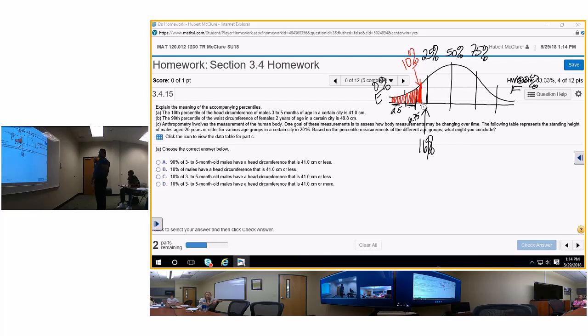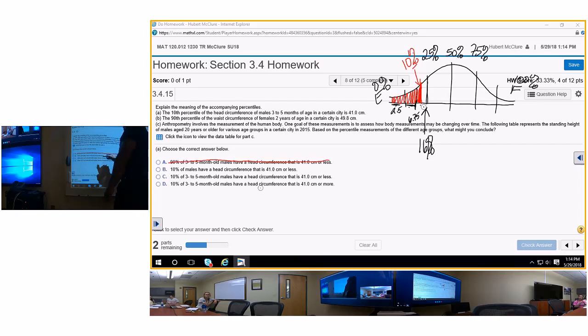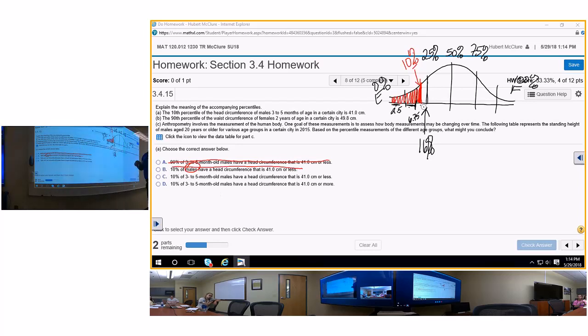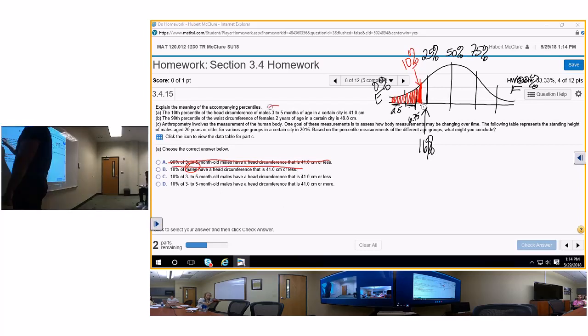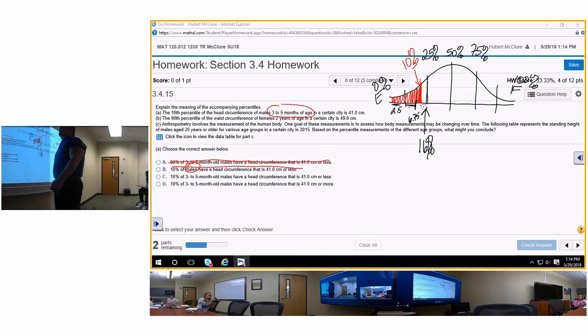No, it says 3 to 5 months, doesn't it? Okay, so this one is just wrong mathematically. This one is wrong because it generalizes what? All male. So it's got to be one of these last two, because we are referring to what? Males 3 to 5 months.